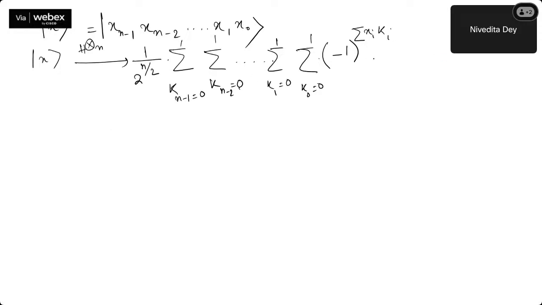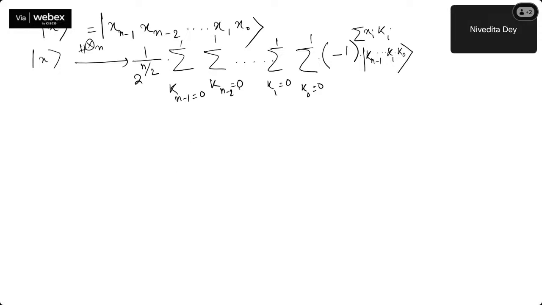Now for these many terms individually, instead of just xi, right now I want to apply it on the entire register. So all these xi's I have taken, that is xn minus 1, xn minus 2, likewise till x0. For that I am applying a sigma xi ki times ket kn minus 1, kn minus 2, likewise k1, k0.